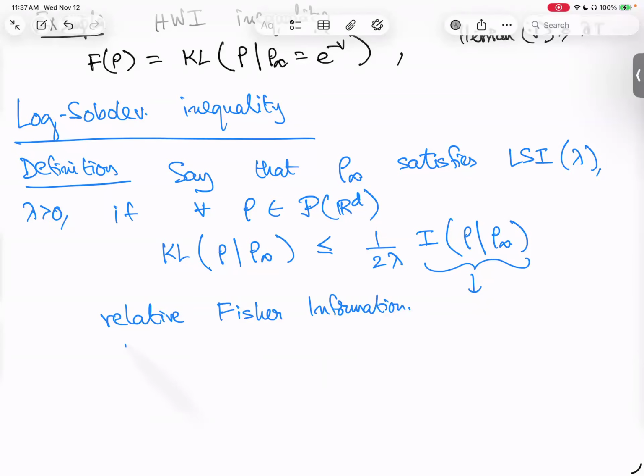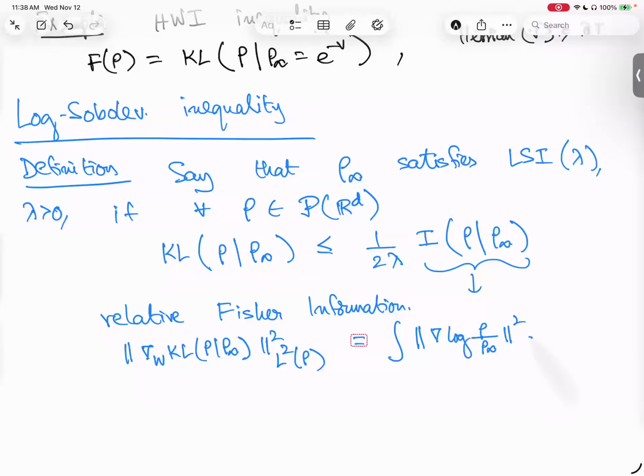Which is the L2 norm square of the gradient of Kullback-Leibler in L2 of rho. But you can also write it more explicitly as the integral of the norm square of the gradient of the log of rho over rho infinity, norm square, d rho.